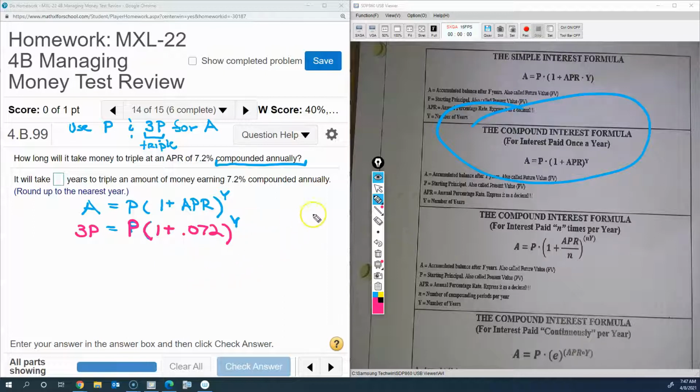So what we did was, the first thing we did was we divided by P. And what that does is that the P's cancel out then. They cancel to 1. So now you only have one variable left. That's the whole point.